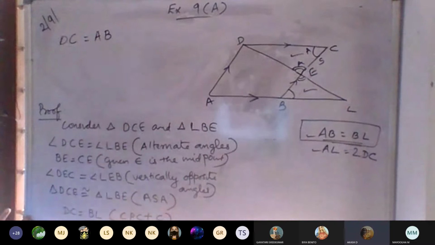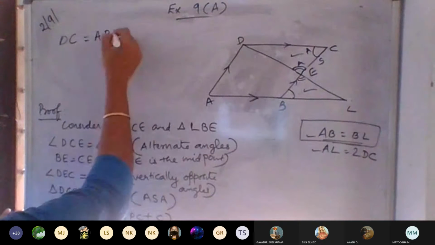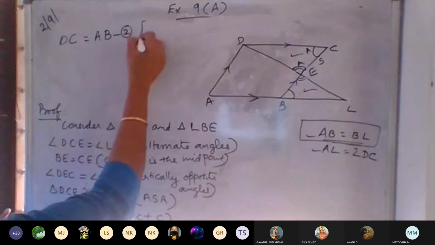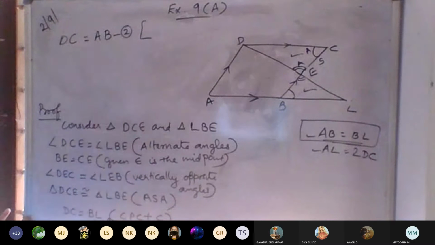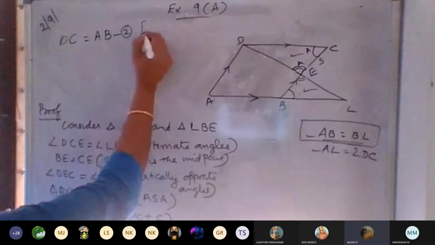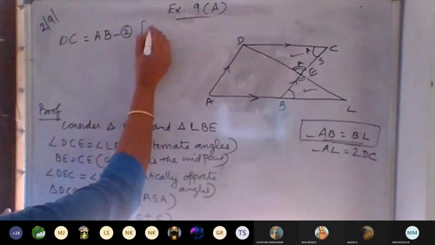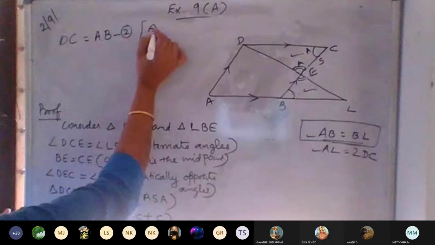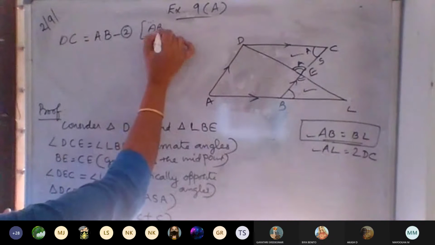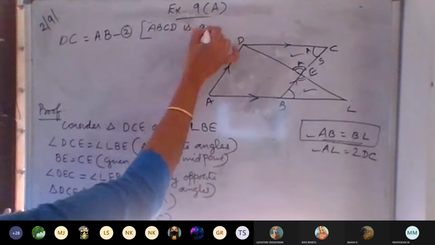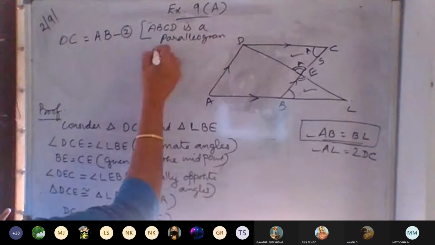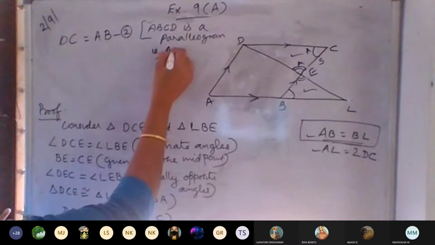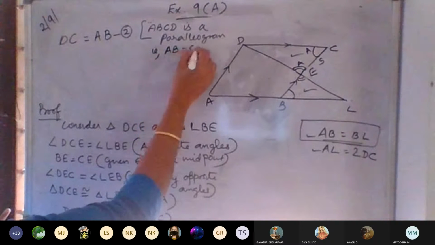If you need, write this as equation number 1 and this as equation number 2, that is better. That means DC is equal to AB. For your convenience, I am marking it as 1 and 2. Since ABCD is a parallelogram, AB is equal to CD.